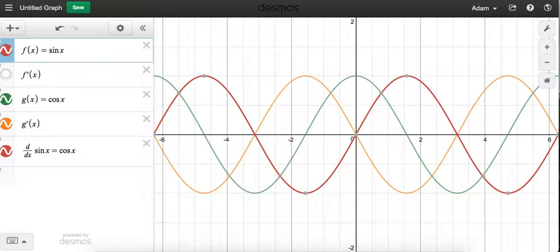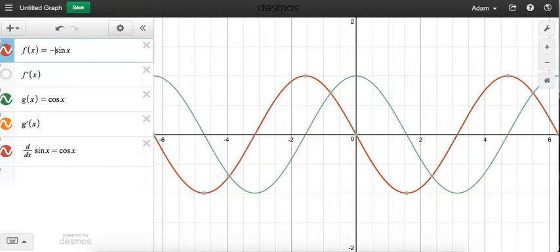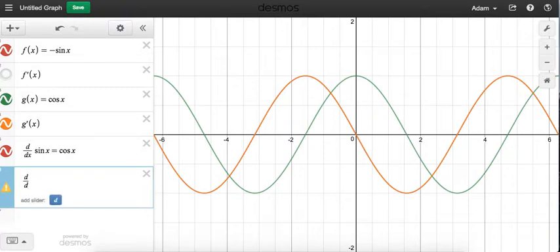If I want to flip anything up or down, I put a negative sign out front of it. And so when I put a negative sine of x, it lands right on the derivative of cosine. So our new piece of information, the derivative of cosine, ends up with negative sine of x.